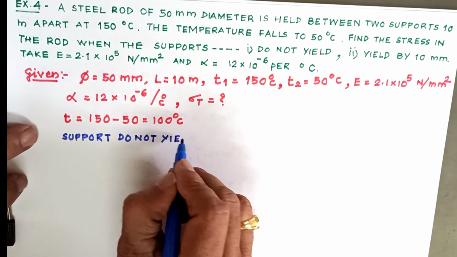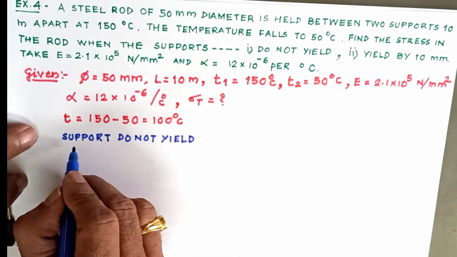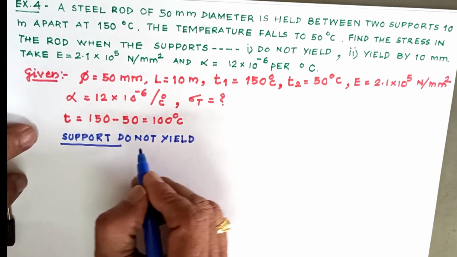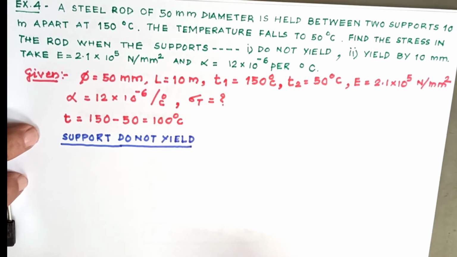This is the simple case. The supports do not change their position, therefore delta is 0. So complete natural deformation is prevented.